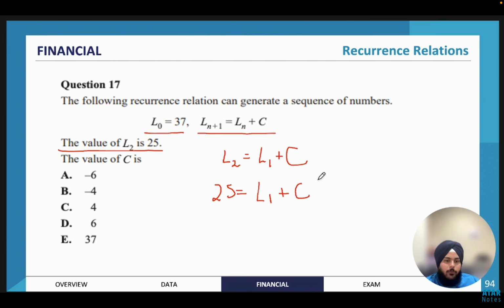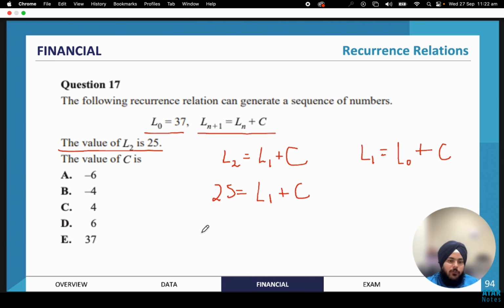And what else do we know? Well, we know that L1 is equal to L0, or the previous value, plus C.